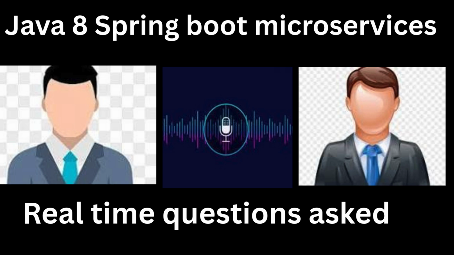Suppose I want to declare two abstract methods in a functional interface, what will happen? Some kind of error will occur. If two abstract methods are used in the functional interface, it will give an error, right?